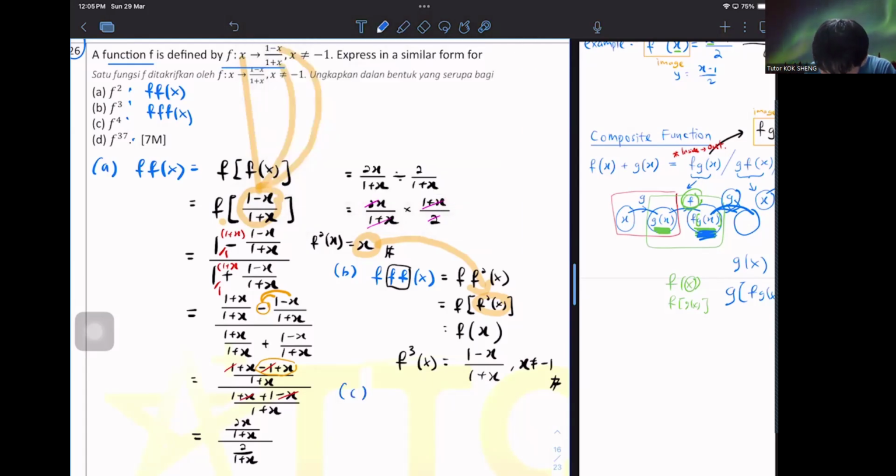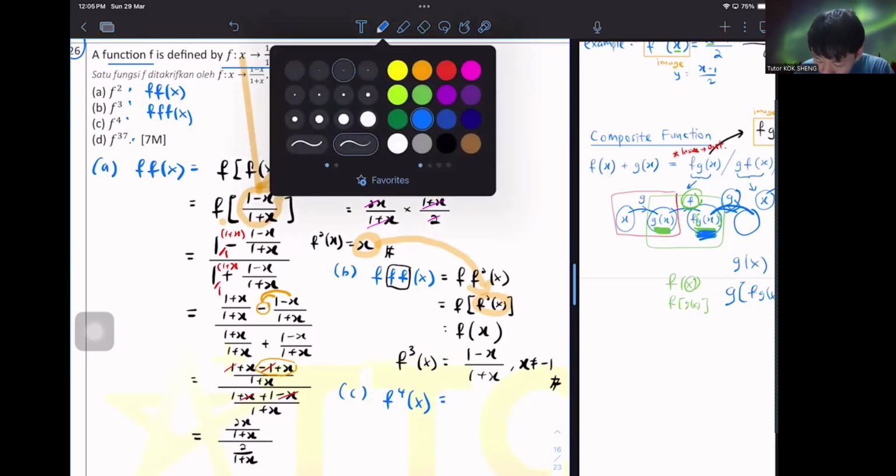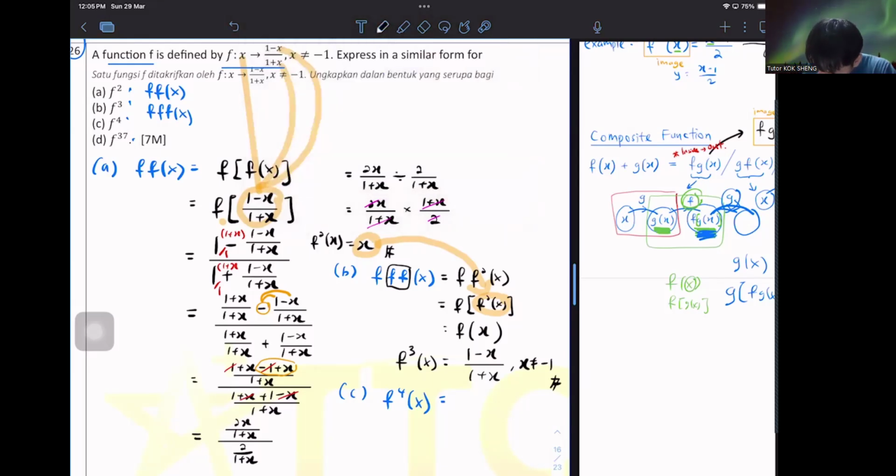C. We've got 4F. Since you're okay with the triple F, F power 4 should be 4F, correct? But since you already have the answer for F square, and F cube, we can go through shorter working by making it as F2, F2. Is it better?